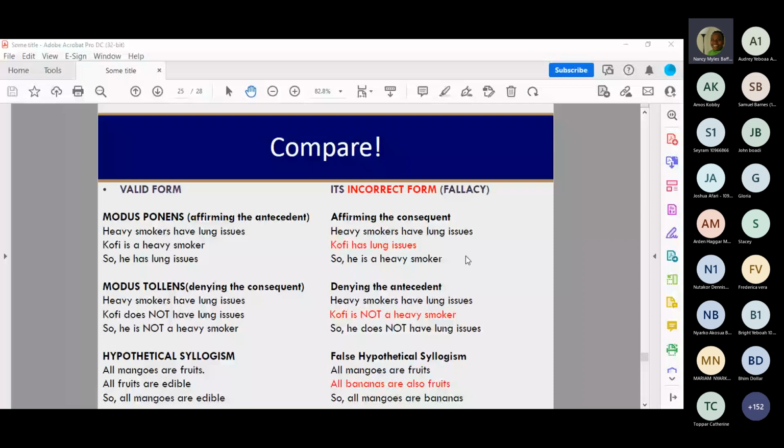Who has finished? All of you. Unmute and ask. So Kofi. So he will pass. If you do not study, then you will not pass. We are doing modus ponens. I think it's fair to do one by one. Okay, so let's take people. Frimpong, I've not called you today.